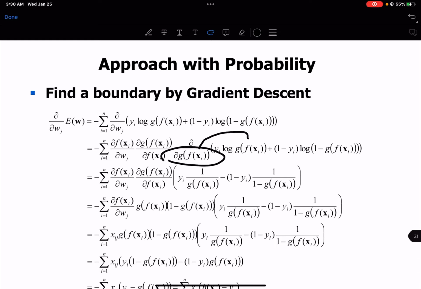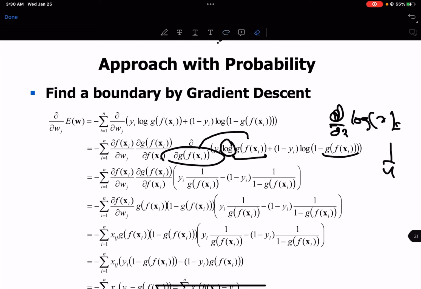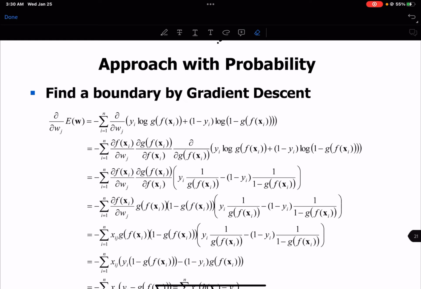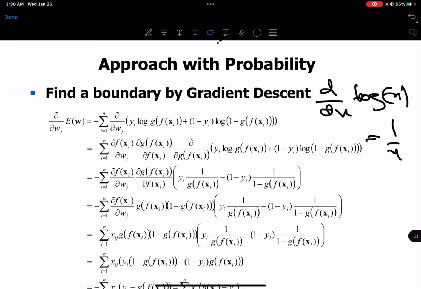So we have the function g of f of xi here. For the log, we know that if we take the log of x and we take the derivative, it is equal to 1 by x. Derivative of log of x is 1 by x.